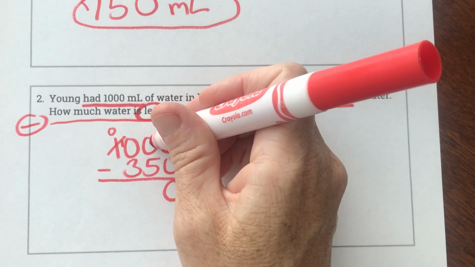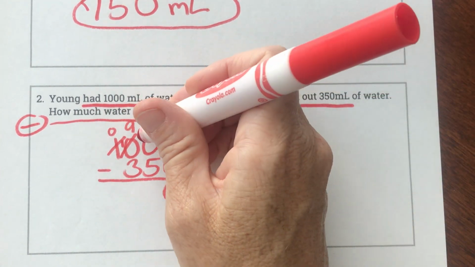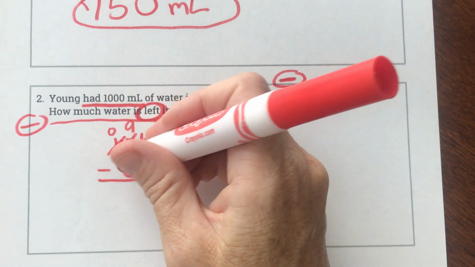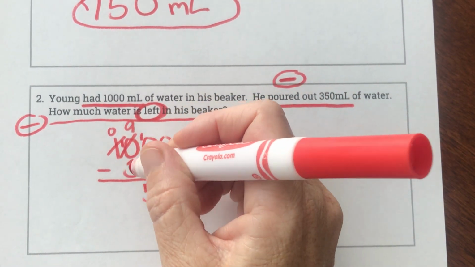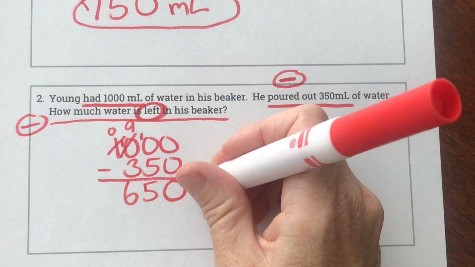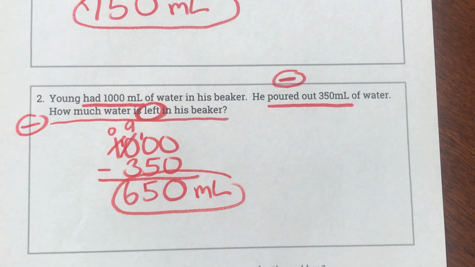Now I can say 0 can borrow from the 10. That becomes a 9, and this becomes a 10. So I have 10 take away 5 is 5. 9 take away 3 is 6. So in his beaker, he has 650 milliliters left.